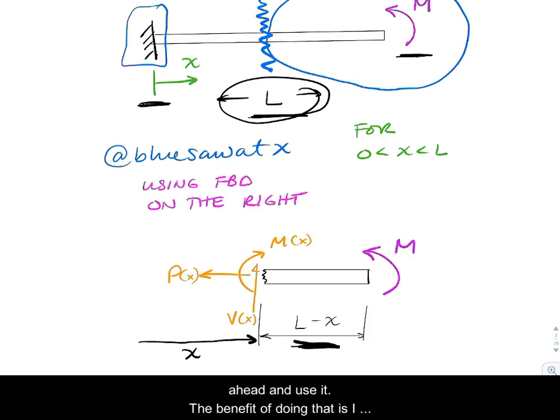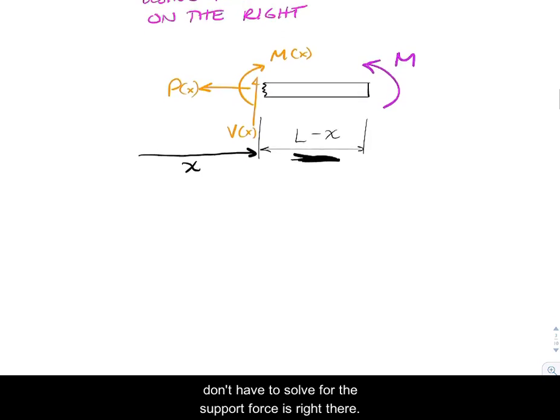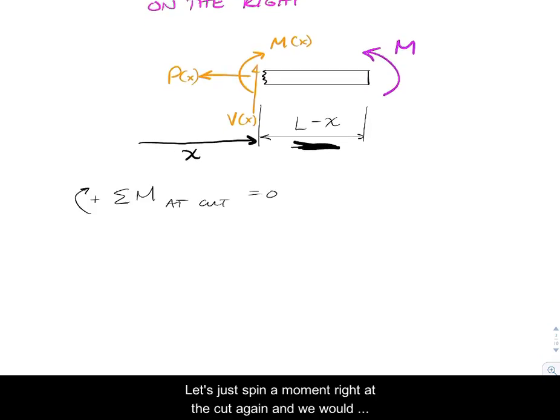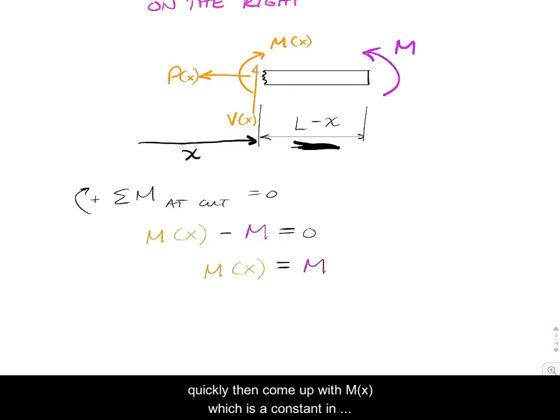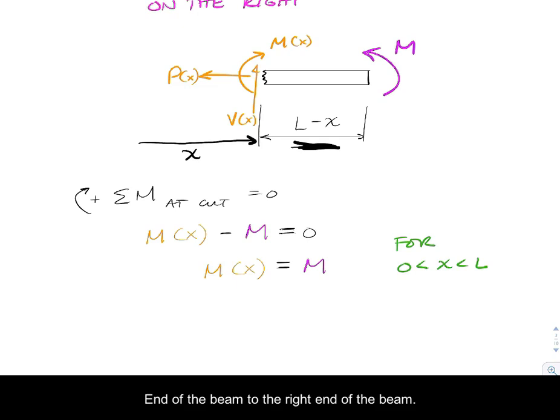The benefit is that I don't have to solve for the support forces. So let's just spin a moment right at the cut again, and we would quickly come up with m of x, which is a constant in this case, and it is valid all the way from the left end of the beam to the right end.